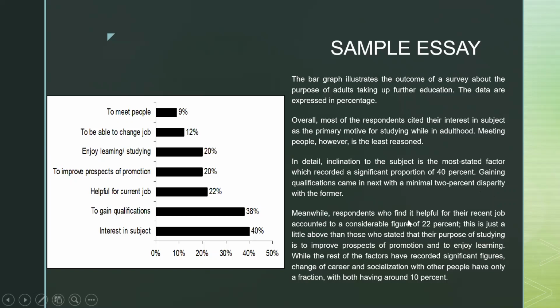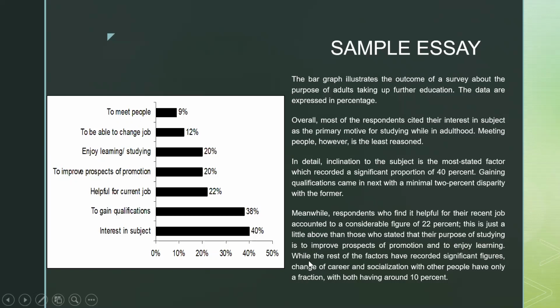Meanwhile, respondents who find it helpful for their recent job accounted for a considerable figure of 22%. While the rest of the factors, here I did not write anymore what those factors are because I don't like writing everything here, but I was still able to describe them. It's just that I did not write explicitly what those are.